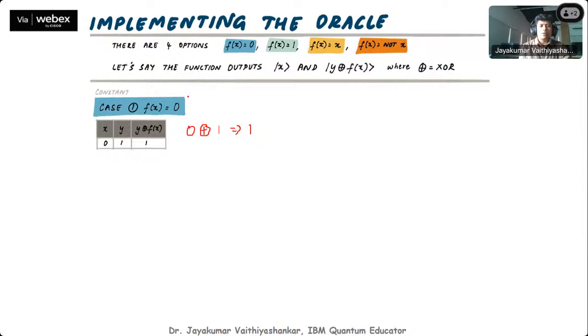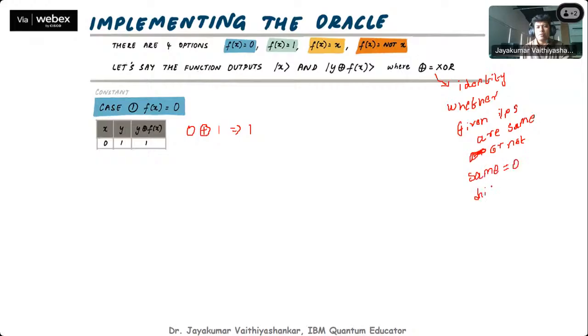So XOR is used to identify whether the given inputs are same or not. Same means 0.